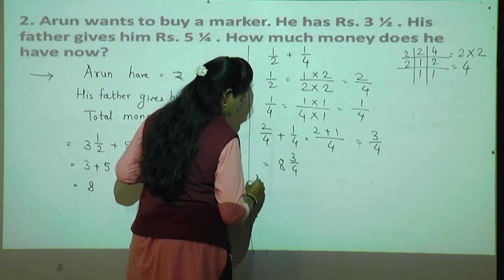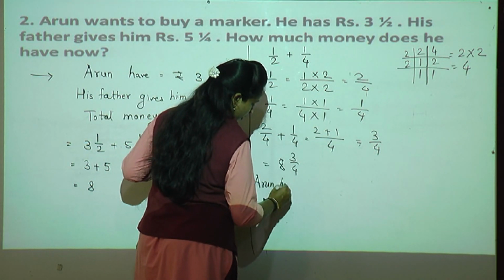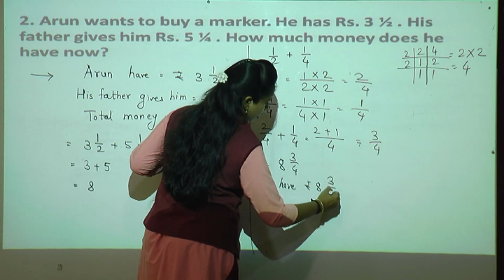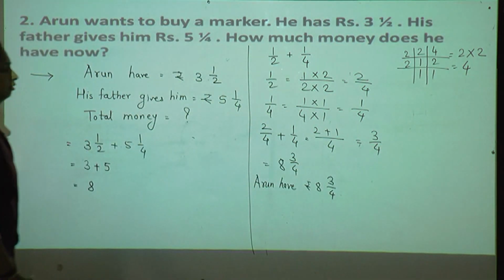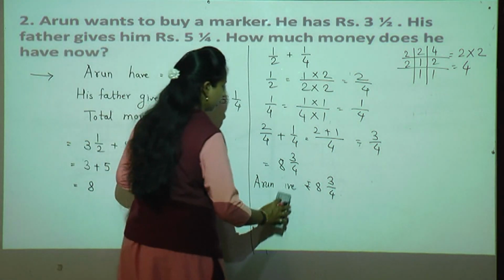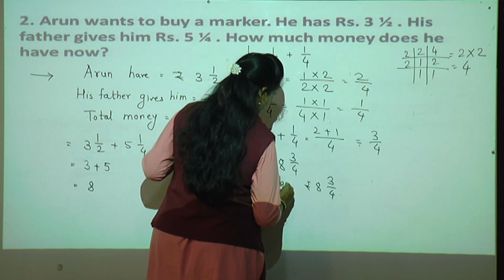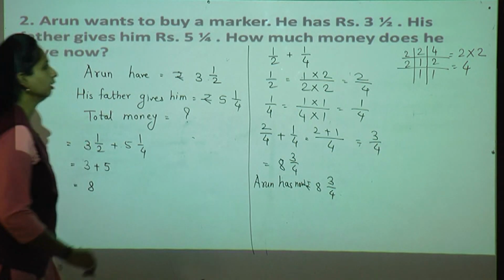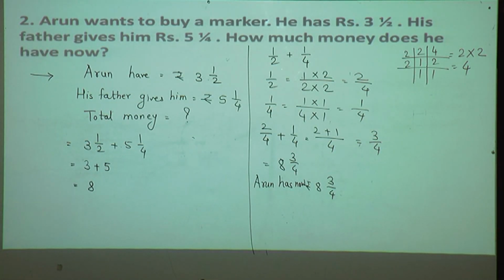So Arun has now rupees 8 3/4. Okay, clear till here? Yes. Now one more example I'll solve for you.